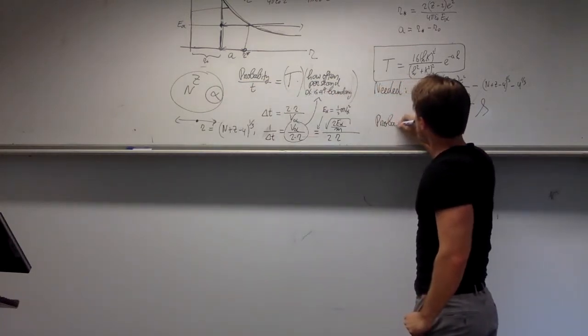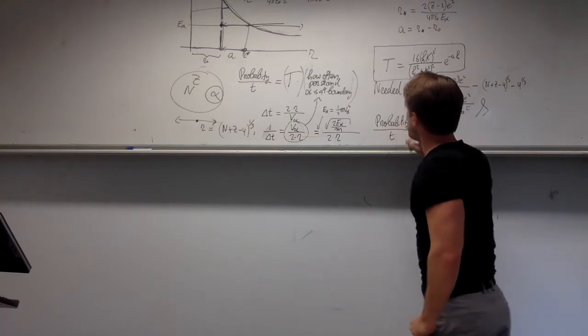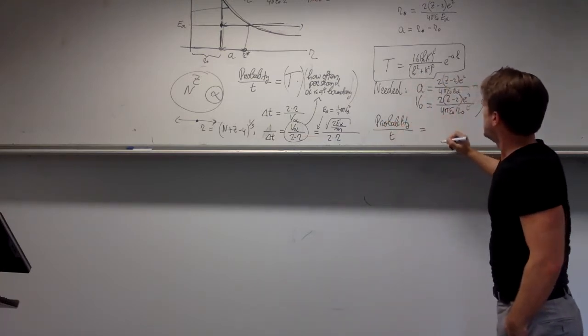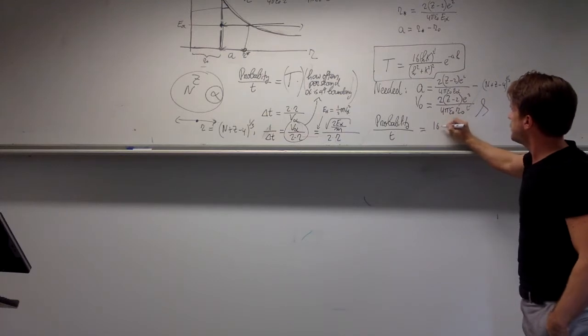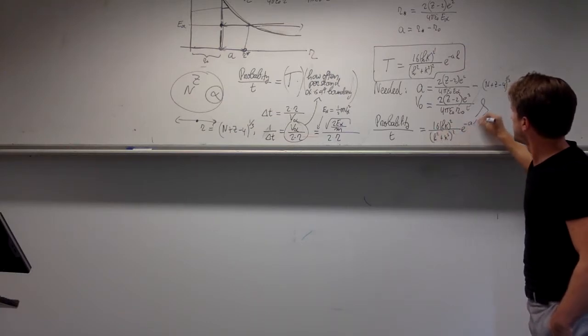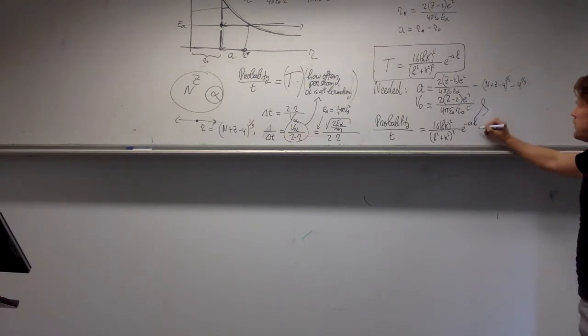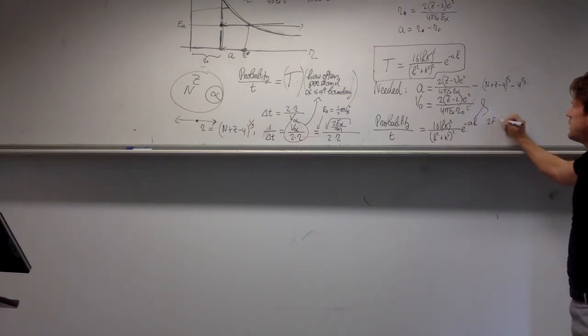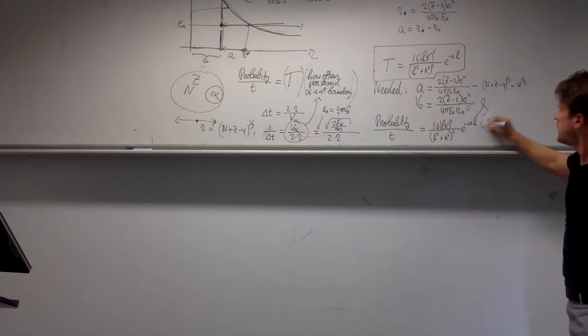The probability per unit time is this big expression, 16k squared, kappa squared, another square, there you go, times 2E alpha over m, square root, over 2r.